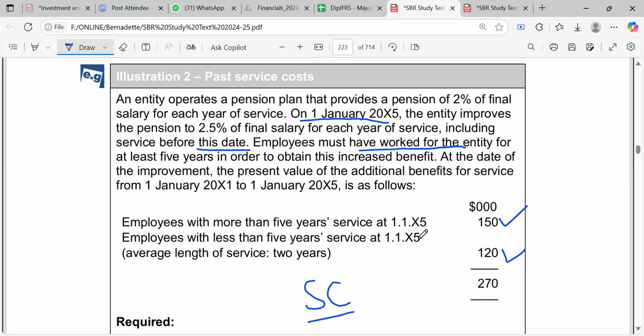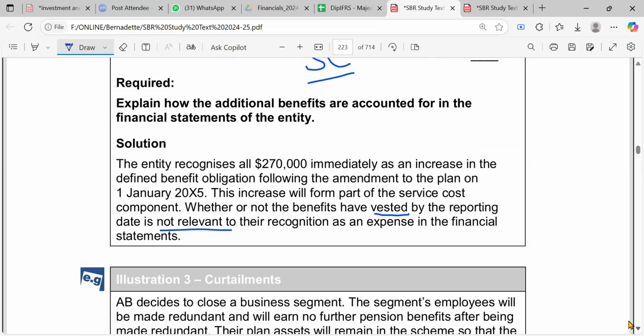Employees with less than 5 years, 120. So why are we including 120 while it has not vested? It has not matured. You do include that because here we are speaking of the benefit.